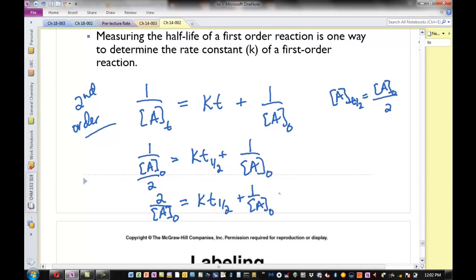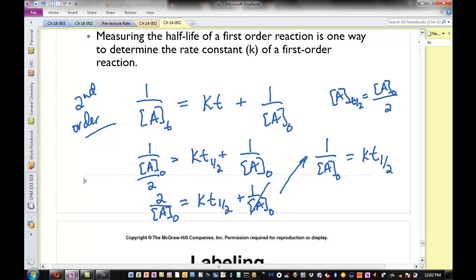Hopefully you're still with me there. So now we're going to subtract 1 over the initial from both sides. That's going to go away. 2 over the initial minus 1 over the initial is just going to leave 1 over the initial concentration. Check that math, that you can get that, is kT1/2.